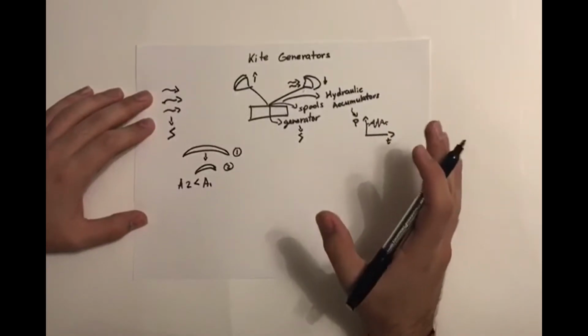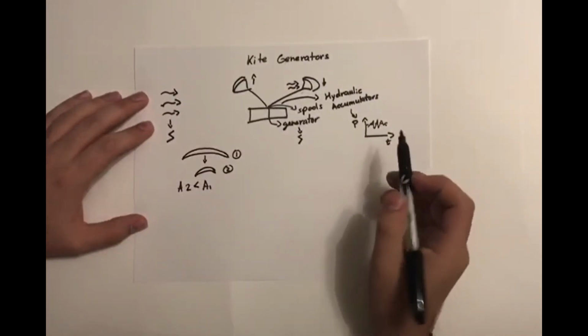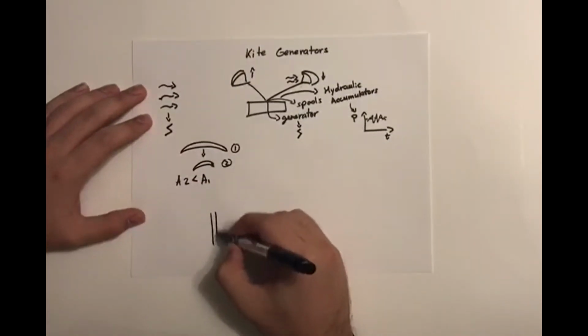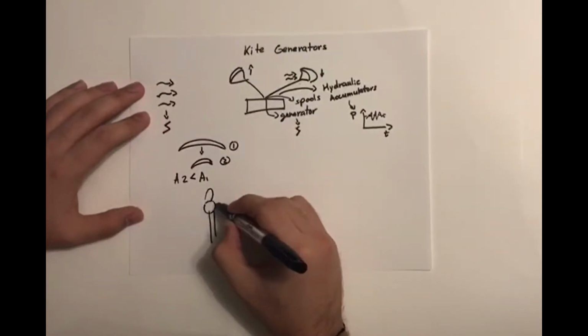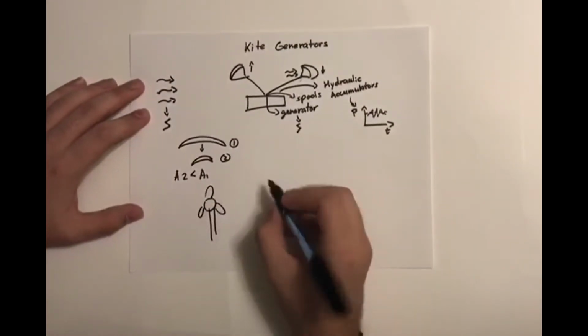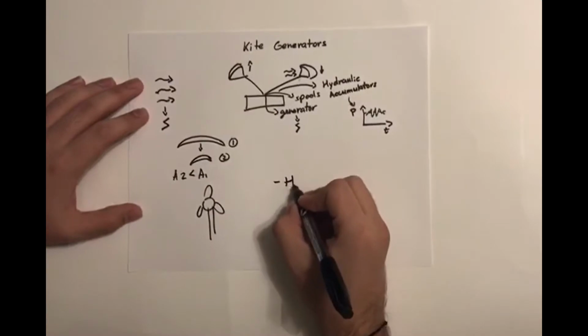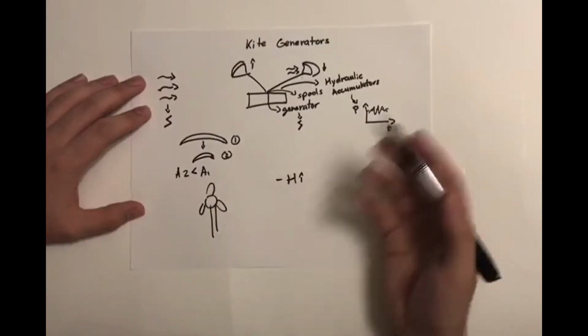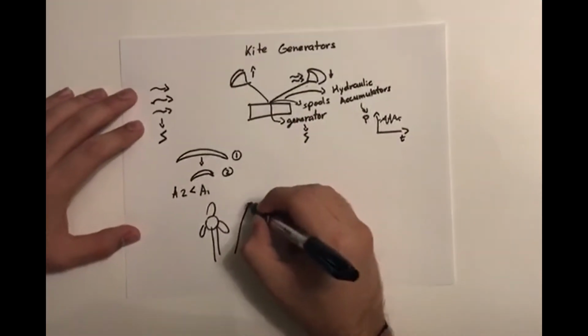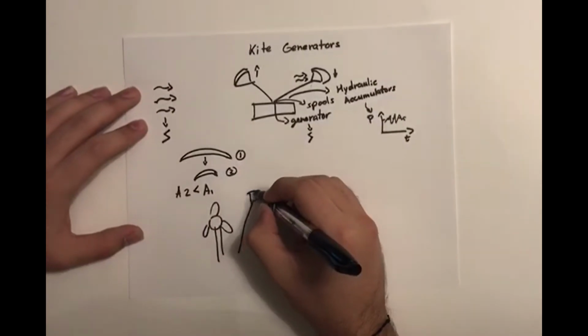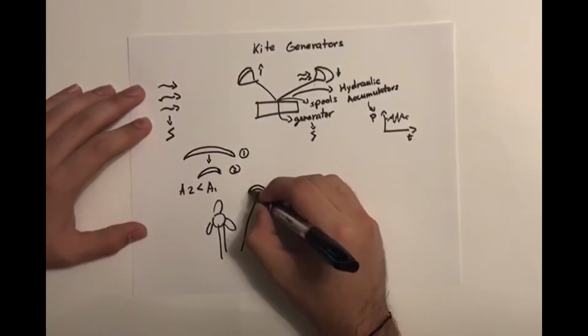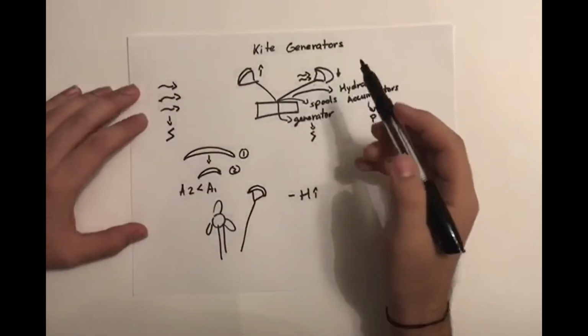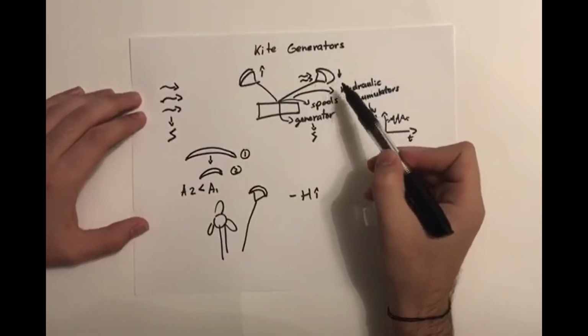Some of the benefits that come from these generators compared to the usual wind turbines is, first of all, higher altitudes, which in turn mean higher speeds. Higher altitudes are achieved since there's a lot of flexibility from using cables.